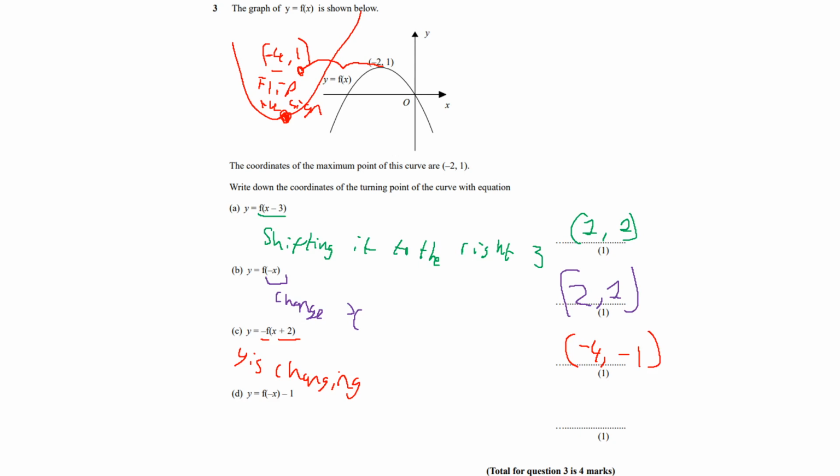And finally, this one is no different. We start by putting it -1. Remember, this is y, so it's going to actually be shifted 1 down. So here it's -2, and now we're flipping it via the y-axis because x is changing.